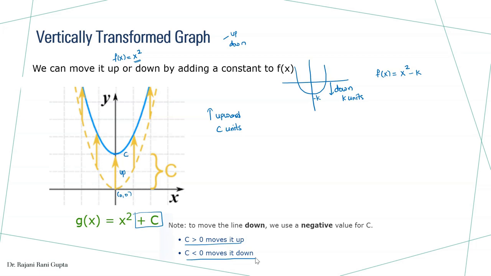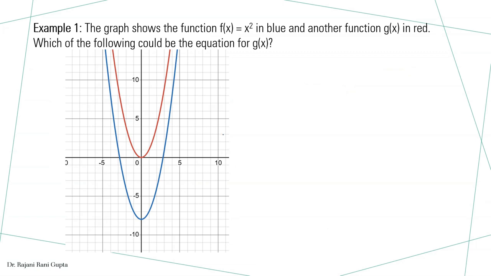Let's understand this with the help of an example. So f(x) is equal to x square. This is the graph of the original function, and this blue one represents the graph of the modified function. So what you see here, this is your original graph because this is 0 here. What you can see here is that it moved down, it moved downward.